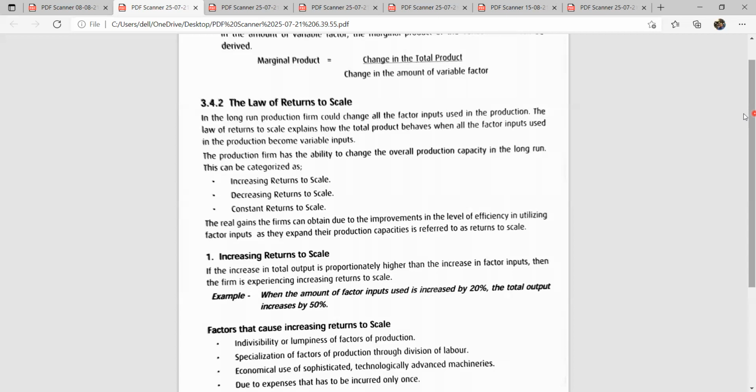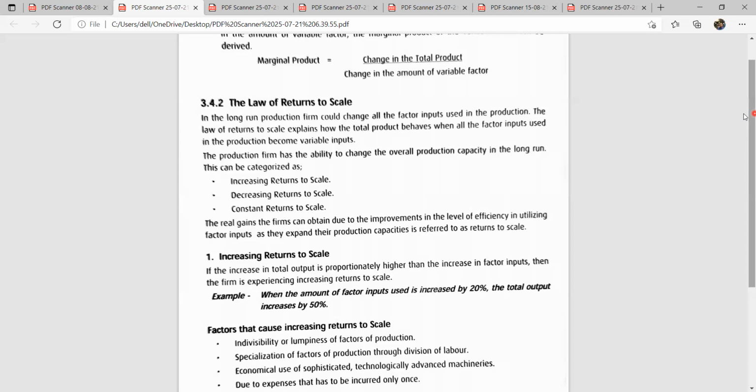When the percentage change in total output is greater than the percentage increase in total inputs, it is called increasing return to scale. It will benefit the firm because average cost falls gradually in the long run.